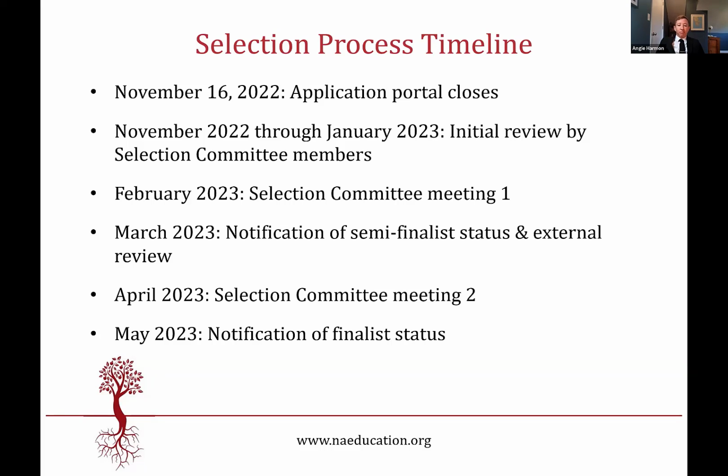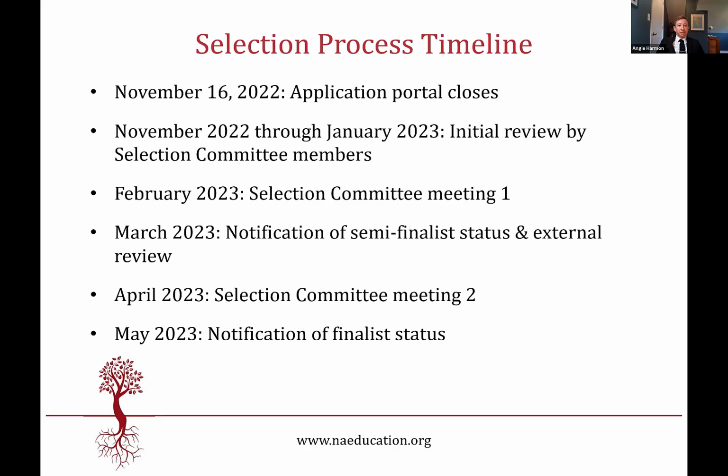These reviewers will present their overview to the committee at a meeting held in February 2023. In March 2023, you'll be notified whether you are moving on to the semifinalist stage. Between the first and second selection committee meetings, semifinalist applications are sent for review to 2 external reviewers, and these are people who will be even closer to your field, methodology or topic.